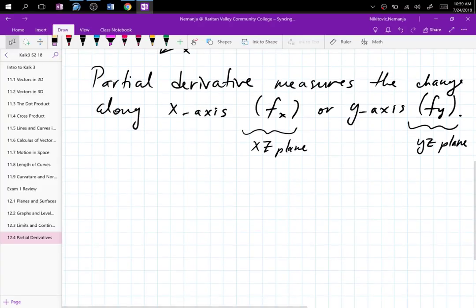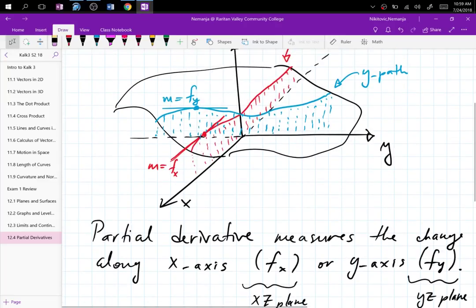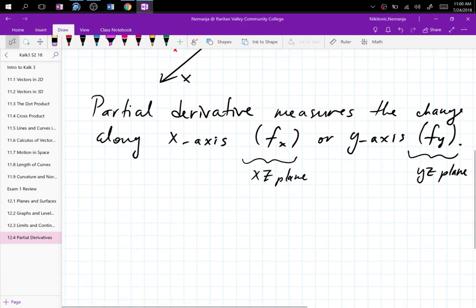Now, the derivation for each one of these is absolutely identical to Calculus 1 derivation. So we have the same definition that we had in Calculus 1 with the limit of h goes to 0 of f of x plus h and so on, except now we just have to say comma y for each one of those.